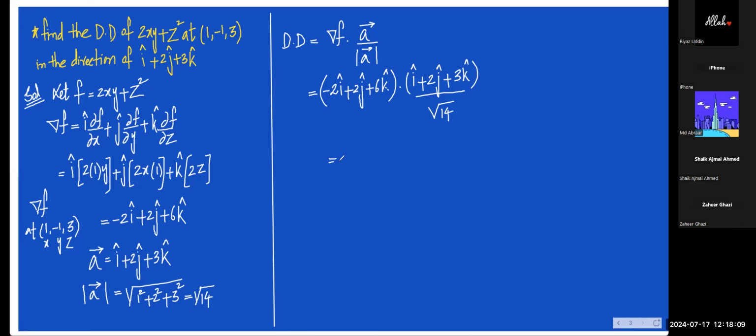Again the same story. I dot I is 1, so minus 2 times 1 gives minus 2. J dot J is 1, so 2 times 2 gives 4. Plus 6 times 3 gives 18. Now by root 14. This is 22 minus 2, which is 20. 20 by root 14 is your answer.